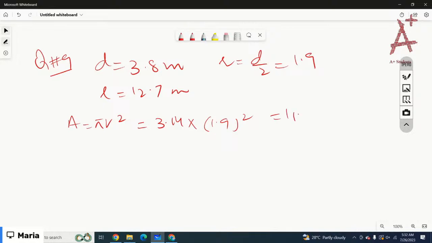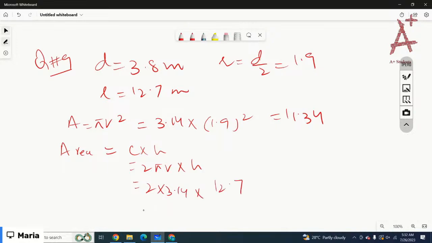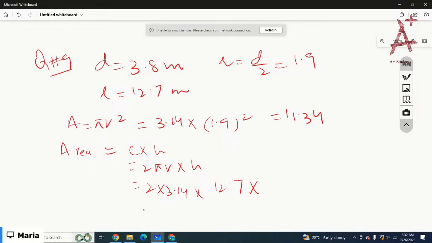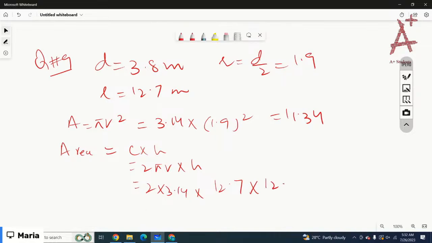That is 11.34. Okay, then the area of the rectangular face is c times h, and c equals 2 pi r times h. So it would be 2 times 3.14 times r times h, h is 12.7.